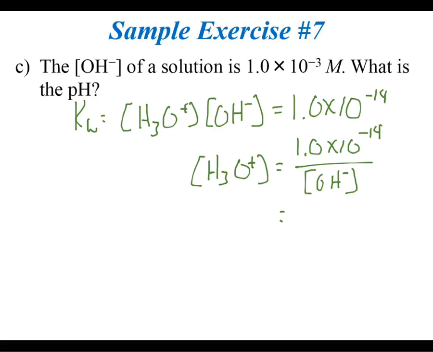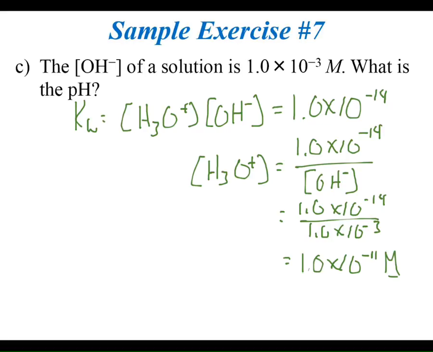Which was 1 times 10 to the negative 3rd. So 1.0 times 10 to the negative 11th. So now we can do the pH is the negative log of that.